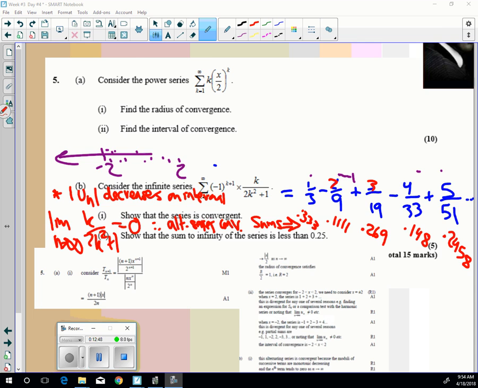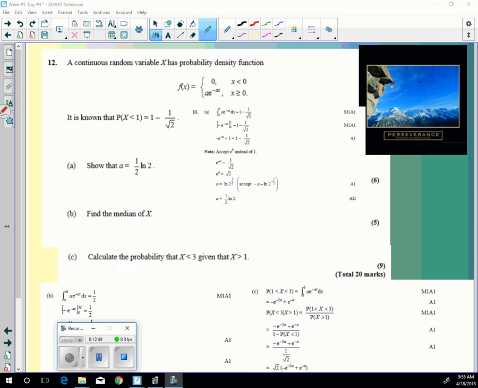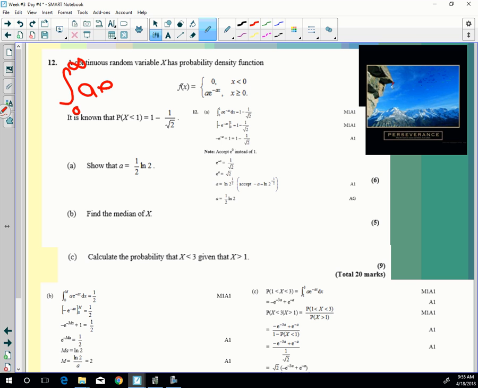How about another one? For this number 12, what they're trying to get you to do is to tie probability distribution functions with integrals. So we know that if you go from 0 to infinity of a e to the negative a x dx, what should that equal to?